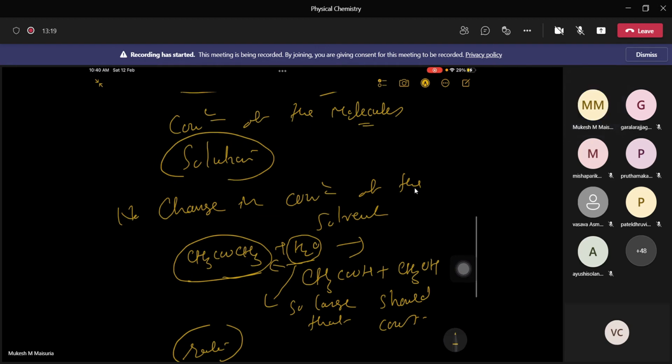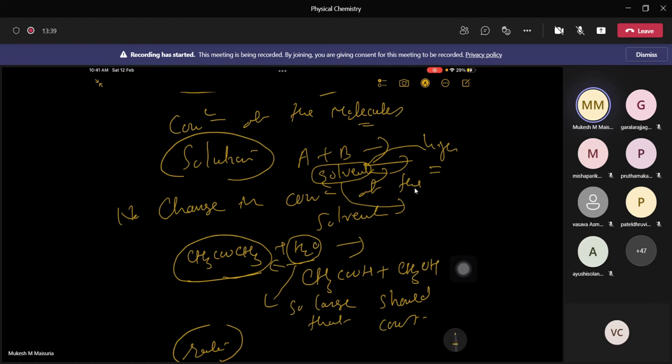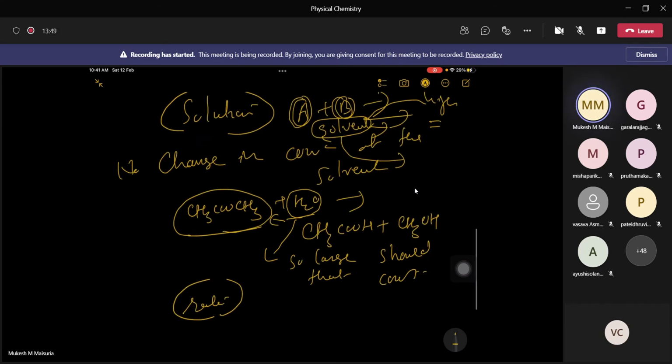We have considered A plus B. Suppose it contains the solvent, but its concentration remains constant, because its concentration is so high. So it is not involved in the reaction.